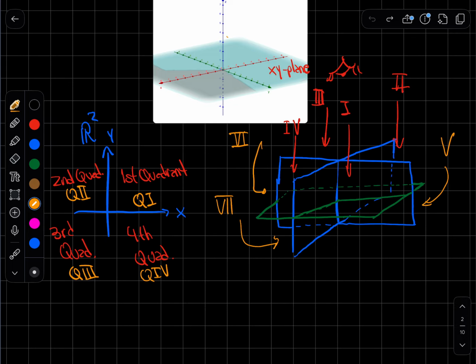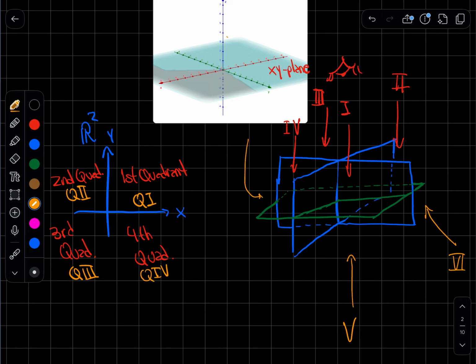Let me look at this again. No, I started wrong from below, because it has to be below the first, right? So here you have the fifth octant, and below the second you have the sixth octant. Below the third, right, you have the seventh octant, just add 4, and then below this one you have the eighth octant.